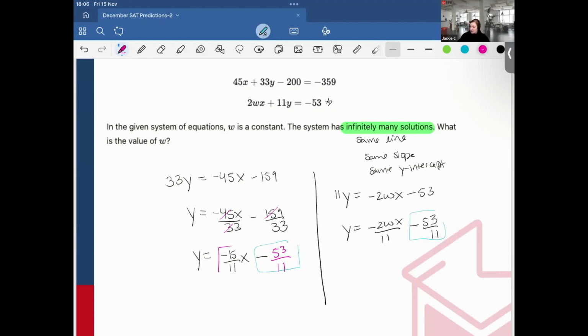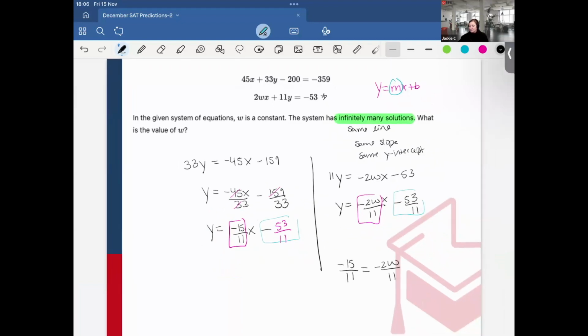So now I'm just going to take the two coefficients in front of x, which is the slope. Remember from y equals mx plus b, right? Their slopes are the same, so I must set them equal to each other. So negative 15 over 11 equals negative 2w over 11, and then we can cross multiply.